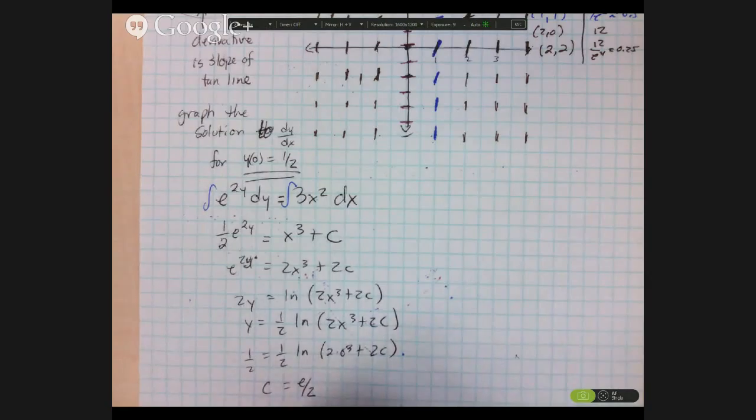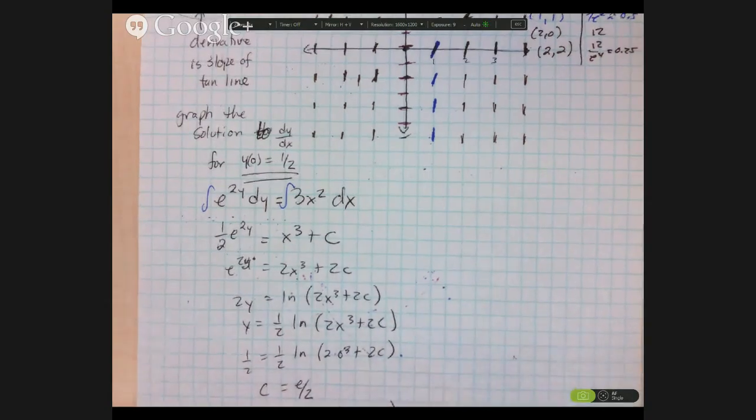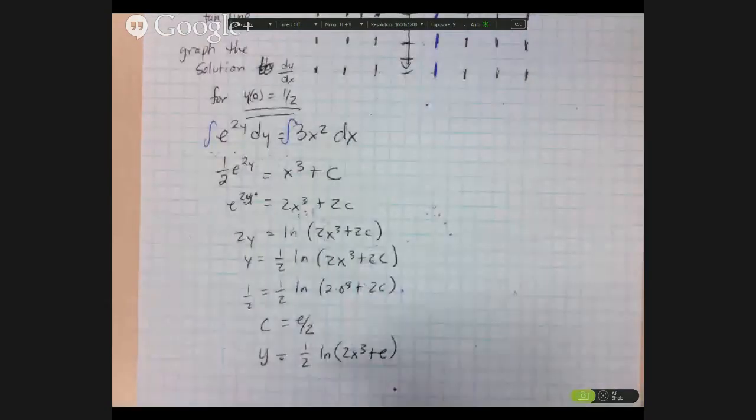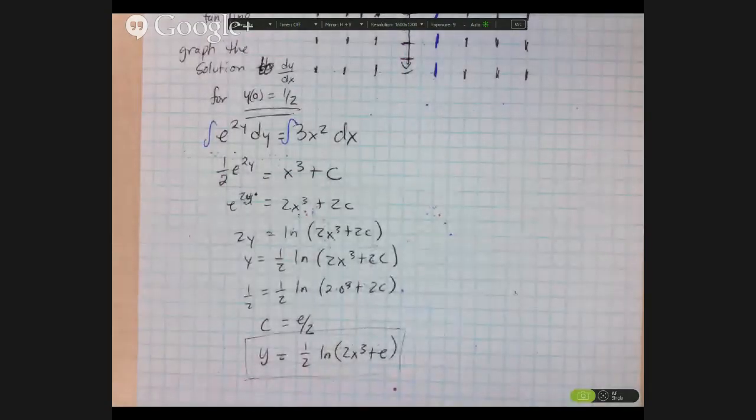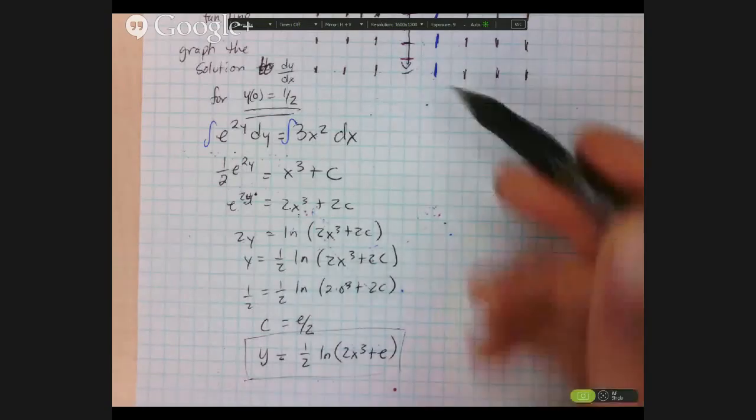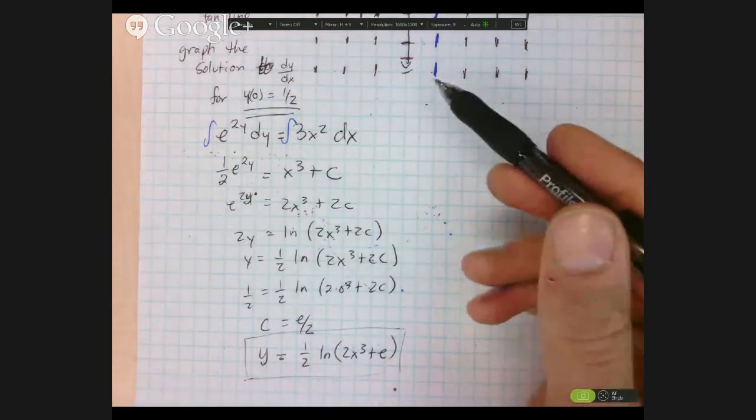So our specific solution is that right there. Okay, the hard part is putting it on your slope field.